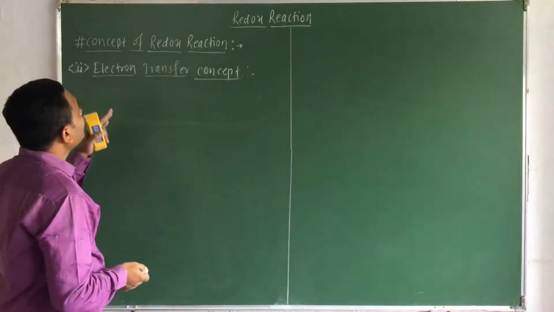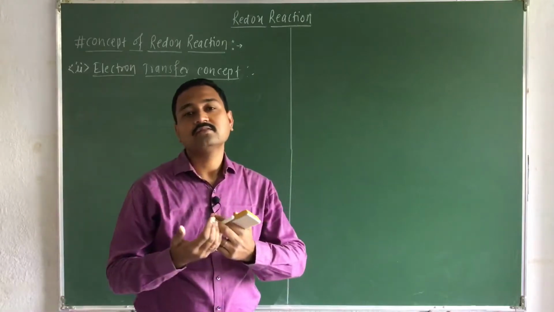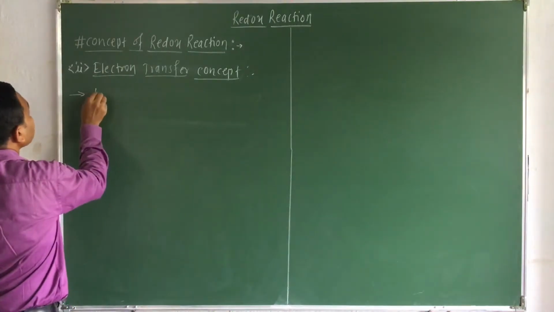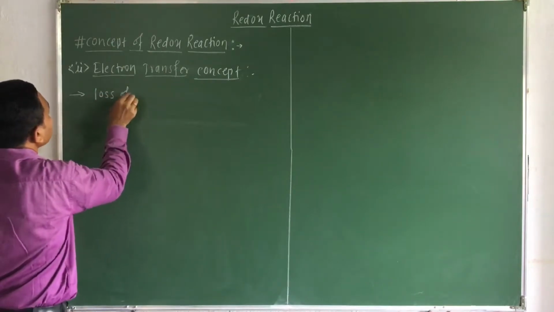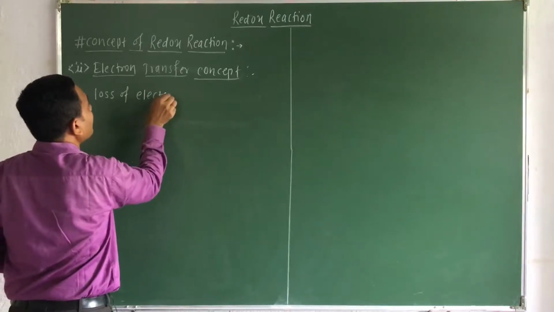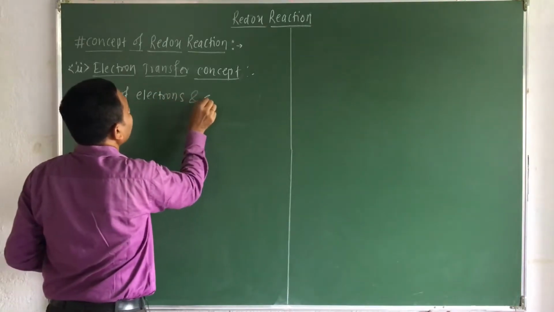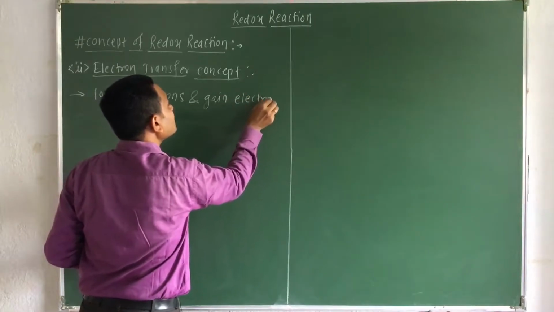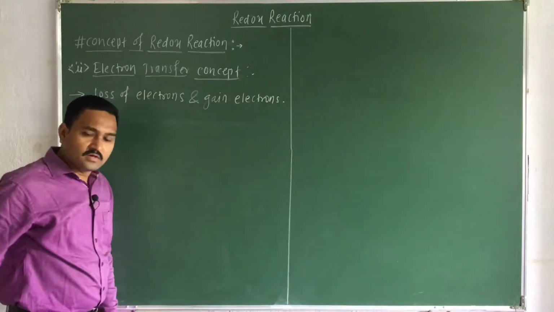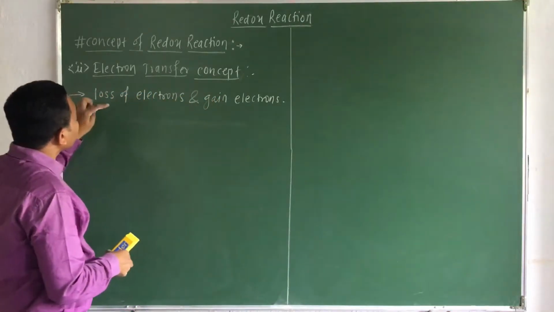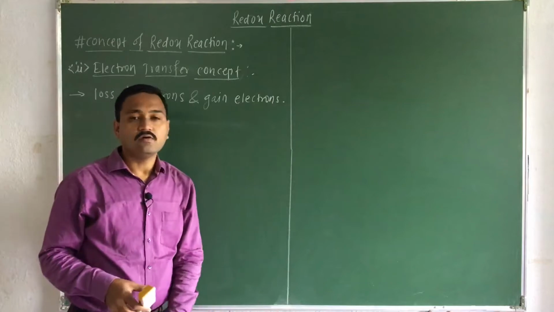This is the base of this electron transfer concept, based upon the loss and gain of electrons. Remember, this is very important. You will remember the definitions, but the base of this concept depends upon the loss and the gain of electrons.